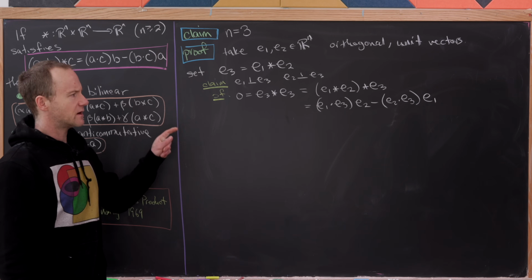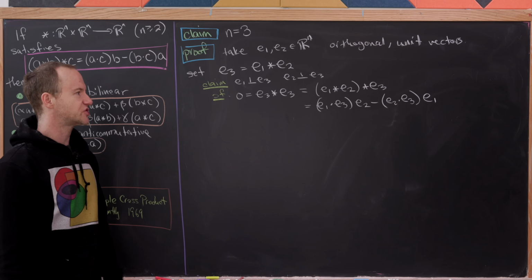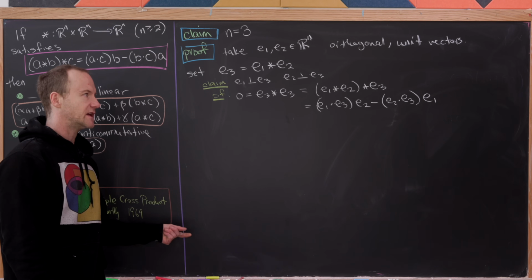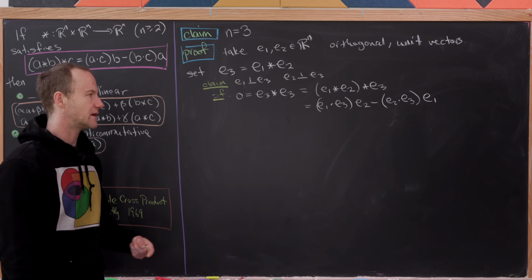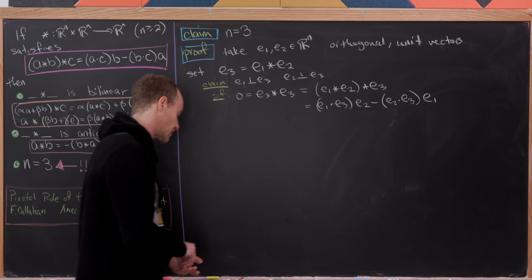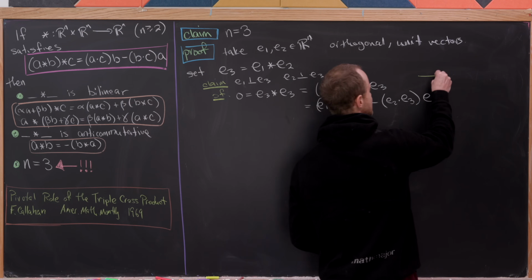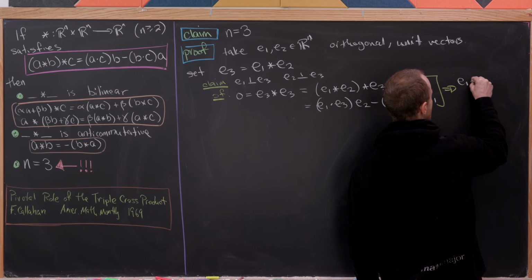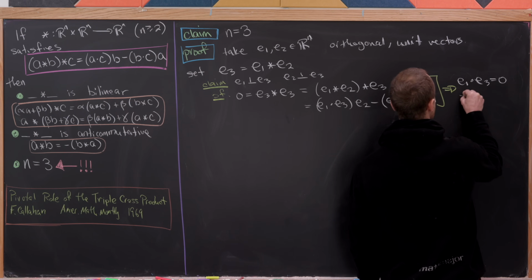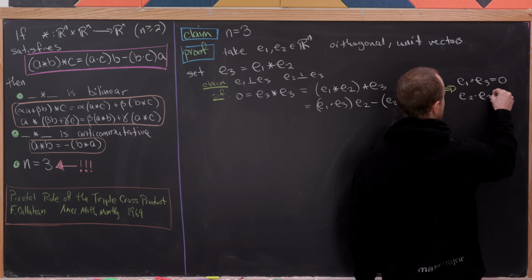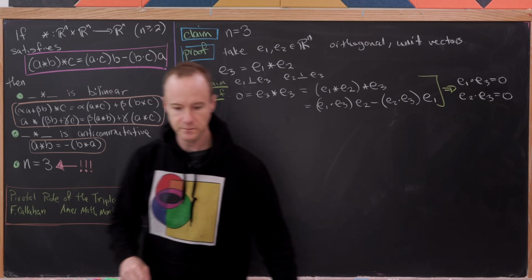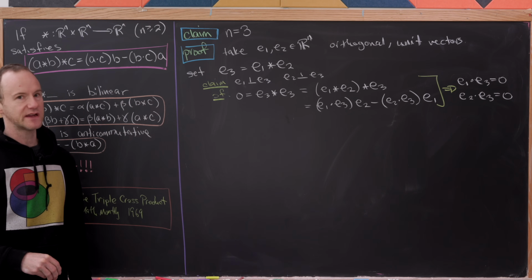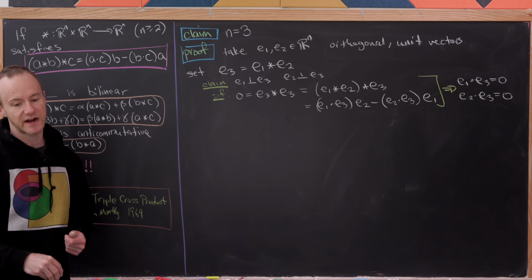But notice we've got what's essentially a linear combination of E1 and E2 equals 0, but the orthogonality implies these are linearly independent, but that means that the coefficients are 0. But those coefficients are exactly what we need for orthogonality. In other words, we know E1 dot E3 is 0, and we know E2 dot E3 is also equal to 0.